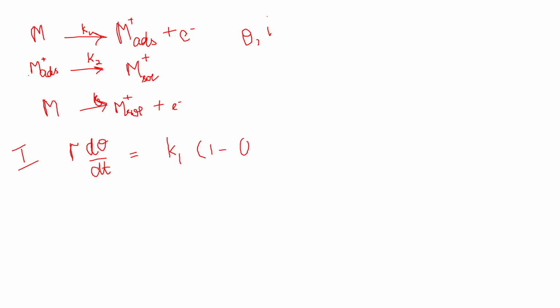The next step involves the consumption of M adsorbed. In the second step, M adsorbed is getting consumed, so the sites are reducing. That's why you write minus k2 into theta.